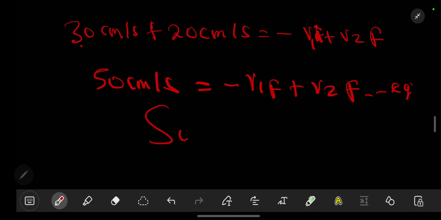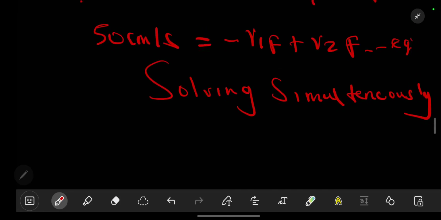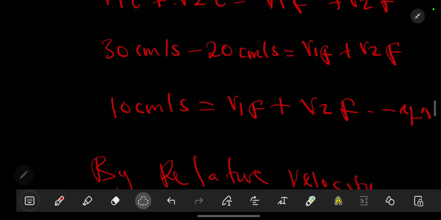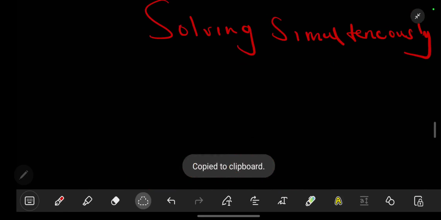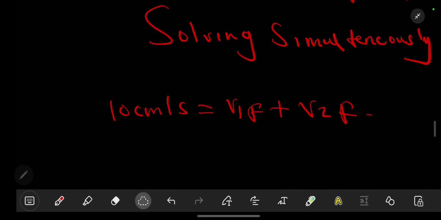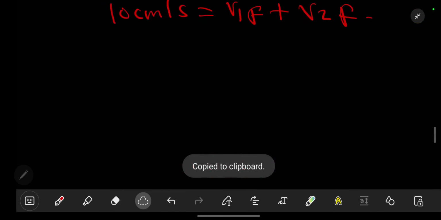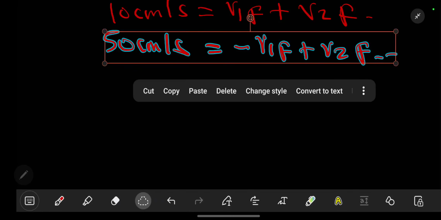Then after doing that, you will say solving simultaneously. We are going to take this equation, put it there, also get this equation, put it there, then solve them simultaneously, like that.